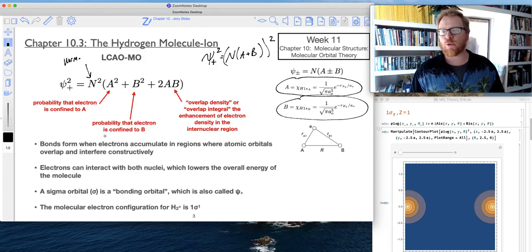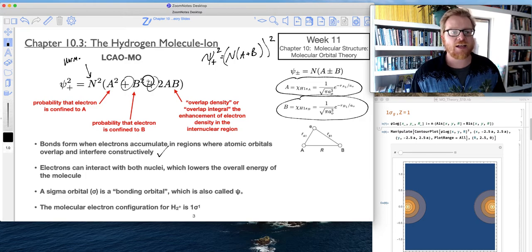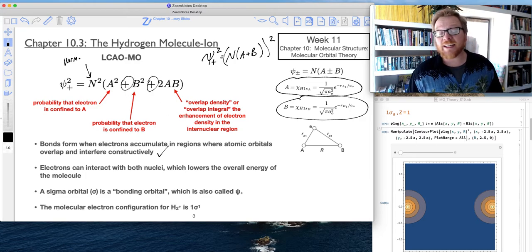So according to MO theory, here are the concepts to know. Bonds form when electrons accumulate in regions where atomic orbitals overlap and interfere constructively. So these plus signs are going to give us constructive interference, as I'll show you momentarily, okay?